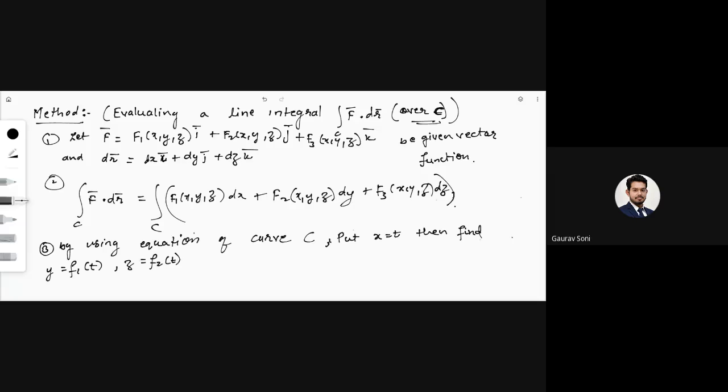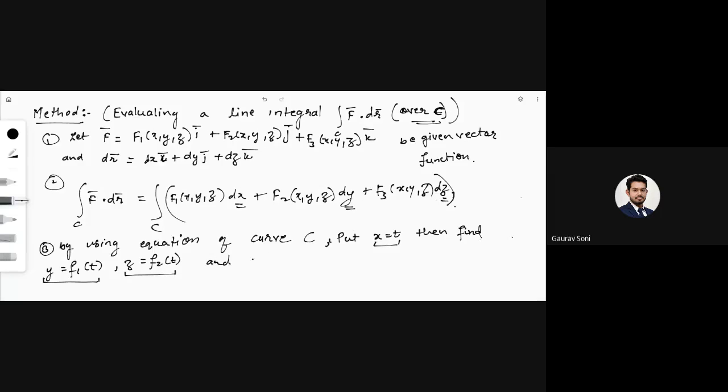Look, in our equation we have three variables x, y, z. Once I put x equal to t, I'll get y as a function of t and z as a function of t. So the last thing that remains is to replace dx, dy, dz.